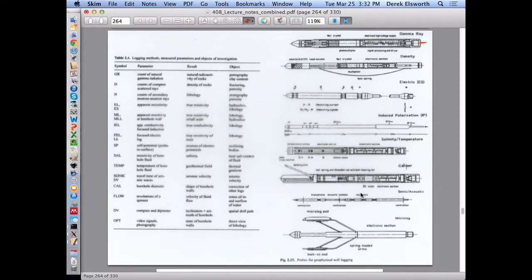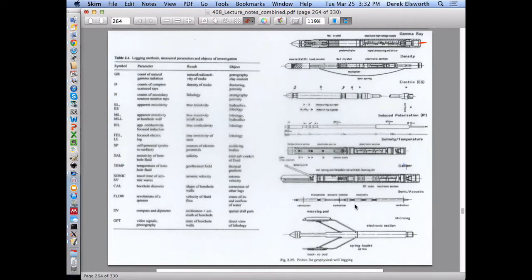So the different instruments, they all kind of look the same. Sometimes they'd have a bow in them to be able to press them against the borehole wall. Sometimes they would have a little lever that does the same thing. Sometimes they'd want to be put in contact with the borehole wall to get this radioactive source to measure backscattering in close contact with the wall. Sometimes they might be measuring how open the borehole is, like a caliper log with a little lever here.